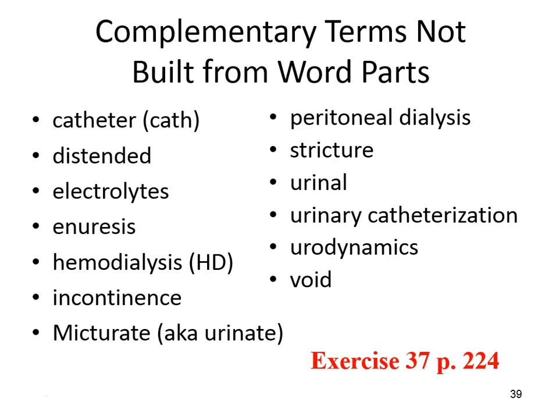But both hemodialysis and peritoneal dialysis are two different forms of blood filtering during kidney failure. Stricture means that you're having a narrowing of a tube in general. So in this case, it would be the urethra. So if you have urethral stenosis and that tube is narrowing, that could be an example of that.